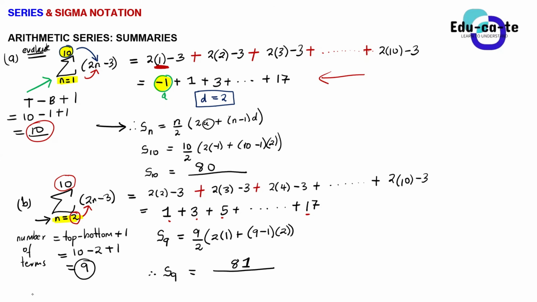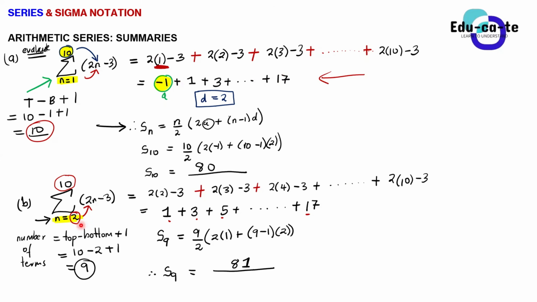So the only difference here, guys, is that you are starting at n equals 2. In the original series, n was equal to 1, meaning at first you were putting 1 for n. So the first value of the term you got was -1, and you added them until the 10th value.